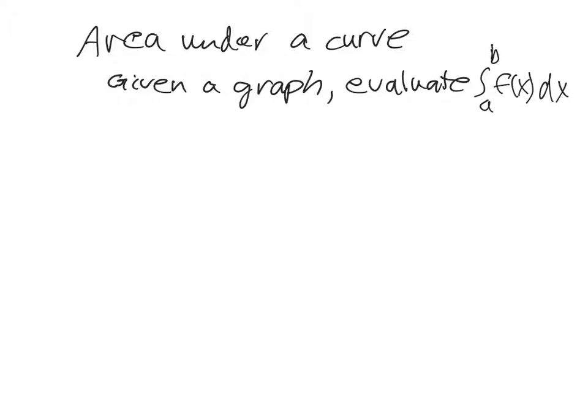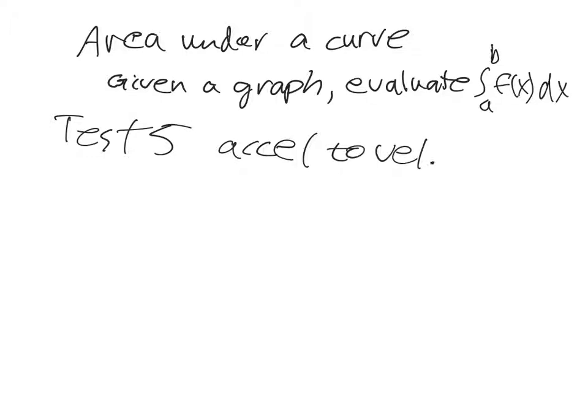So hopefully you can keep that straight. Okay, and finally, test 5. Of course, that should be real fresh in your mind, but to reiterate what we covered there, acceleration to velocity to position, and the different types of questions we had from there.